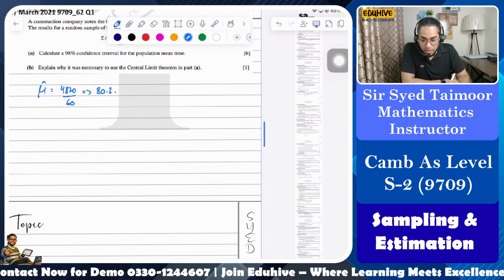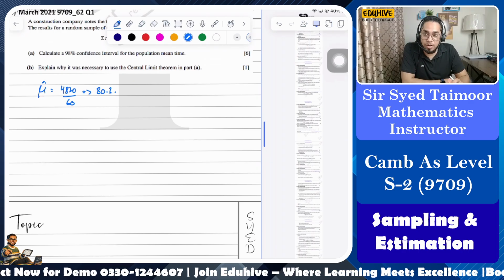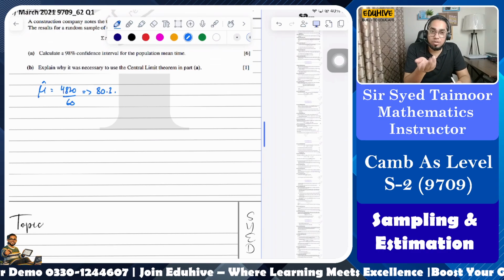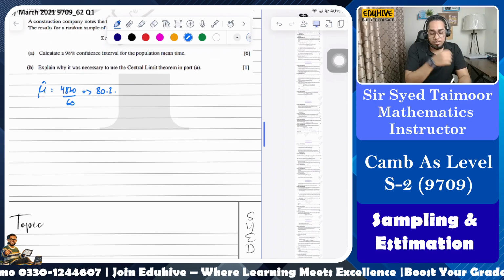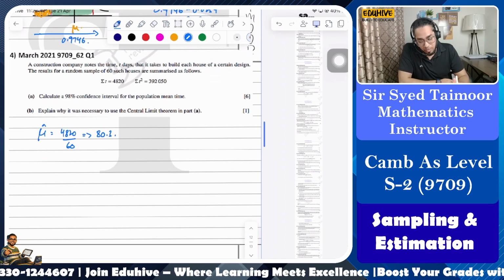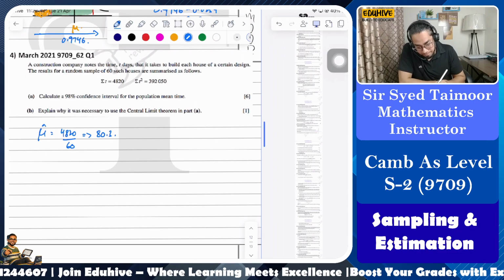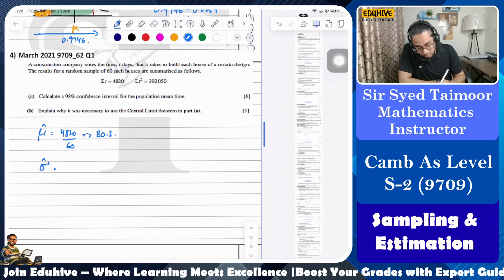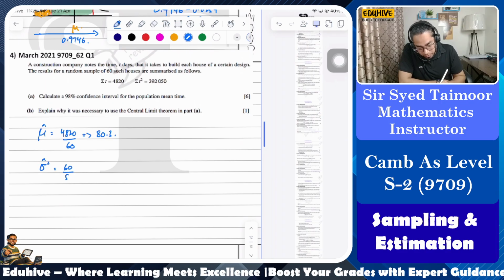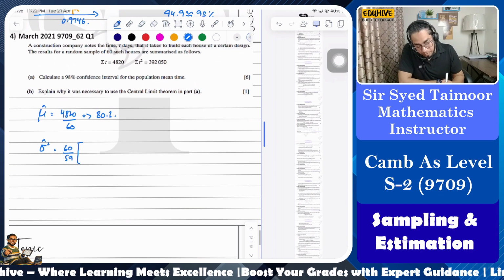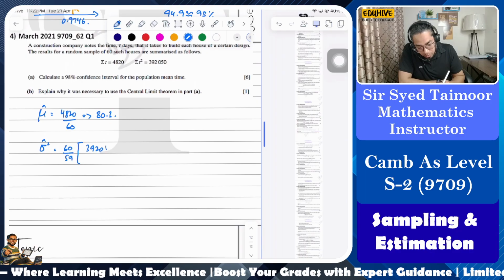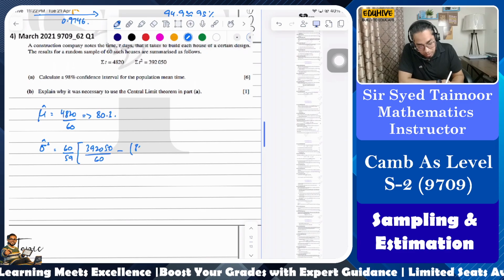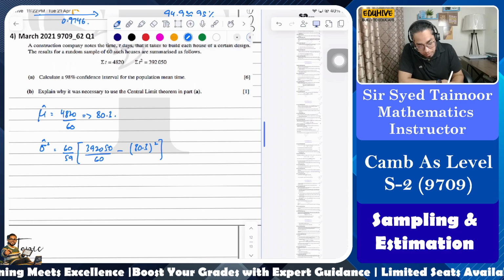All square root. And they are not using 1 upon n minus 1 or n upon n minus 1. It's an estimate, so they must use this one. So it will be 60 over 59 and 392050 divided by 60 minus the mean we got, 80.3 square.